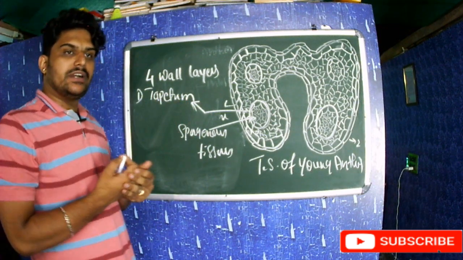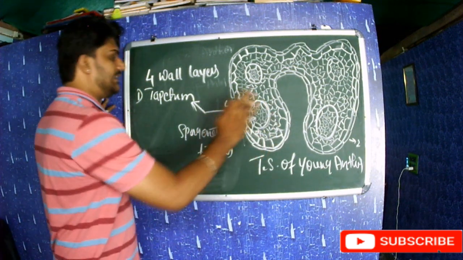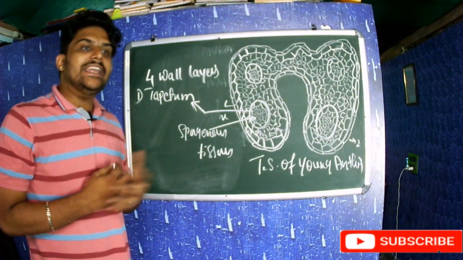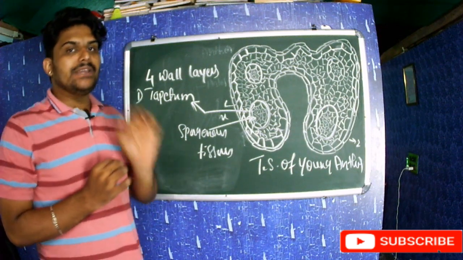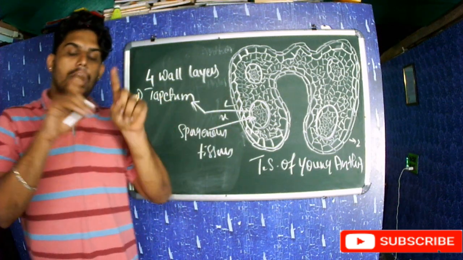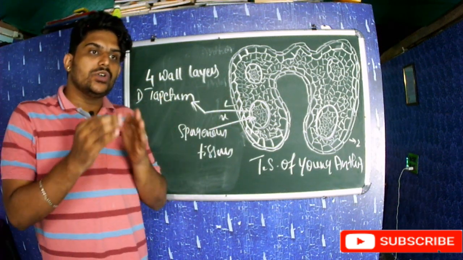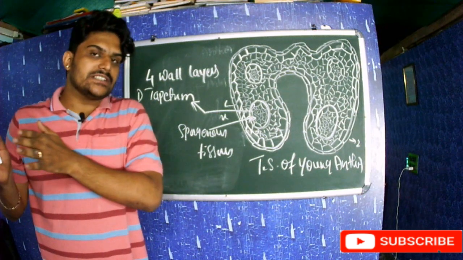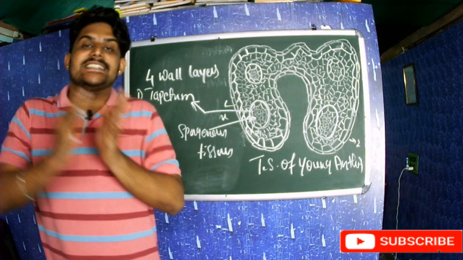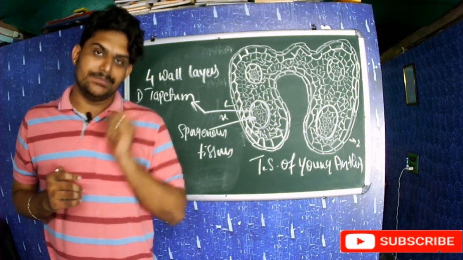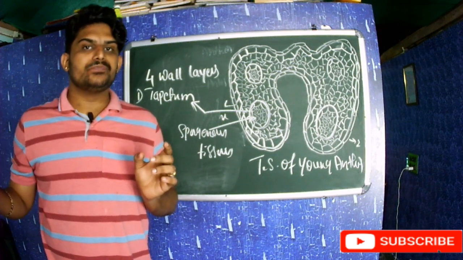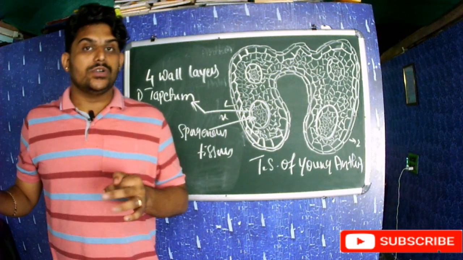How is the nutrition provided? These tapetal cells have a large amount of cytoplasm. Why do they have more cytoplasm? Because the karyokinesis is not followed by cytokinesis. This means the division of the nucleus has taken place, but there is no cytoplasmic division.